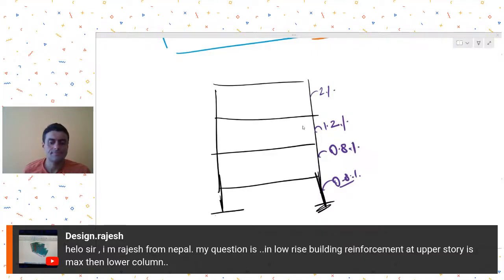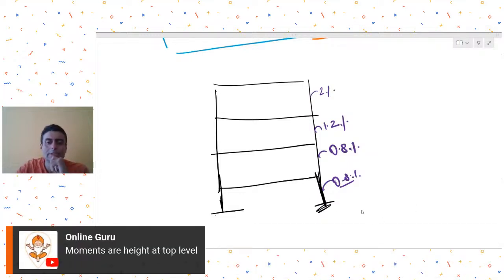Hello. Why do you sometimes see that your reinforcement percentage in the column is greater at the upper floors as compared to lower floors? Anyone would like to comment? Online Guru is saying, I think he's Anukul, so he's saying moments are higher at top level.